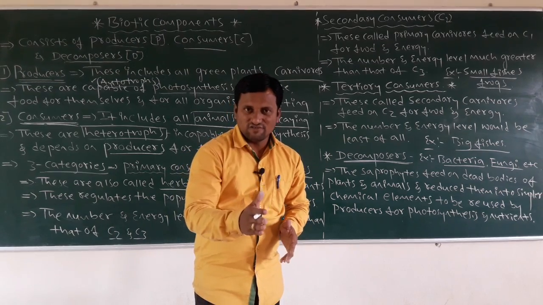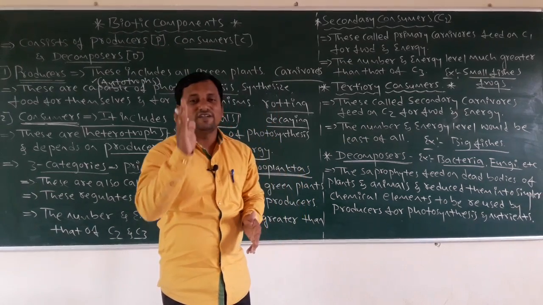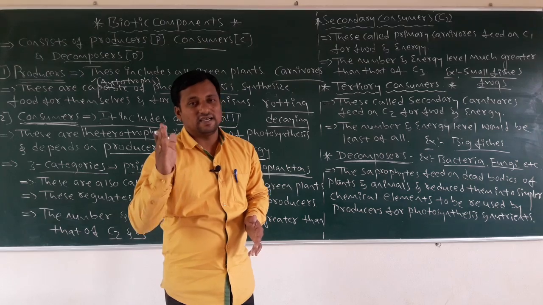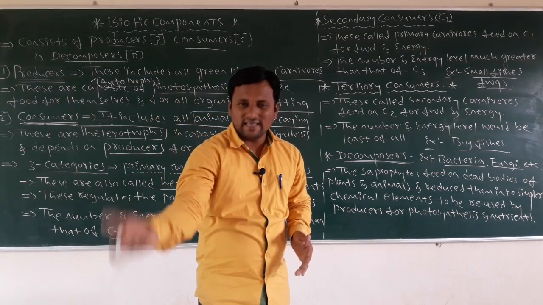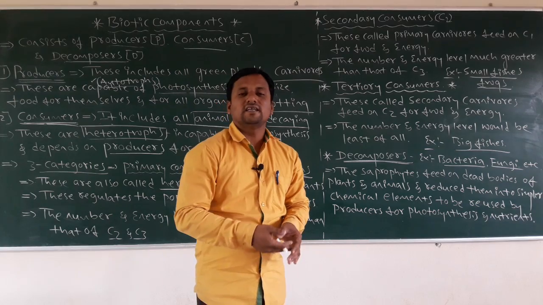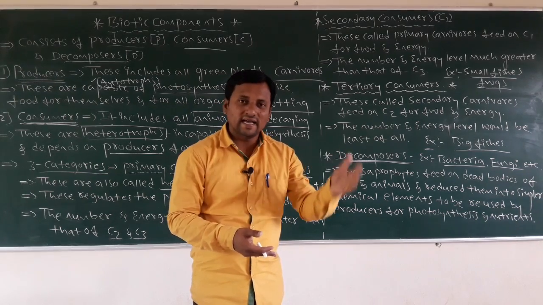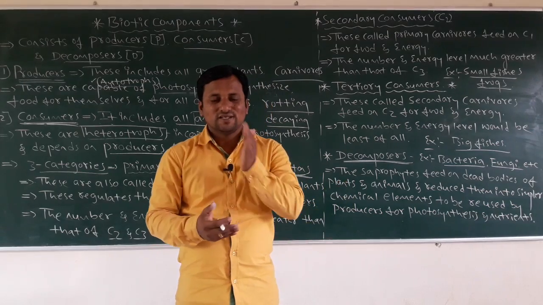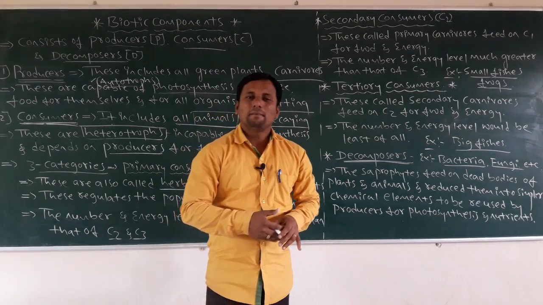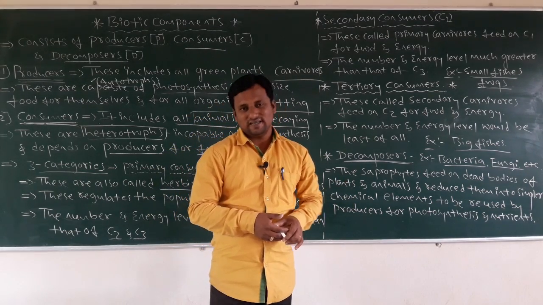The process of decaying of dead organisms, dead plants and animals, and converting them into the simplest inorganic compounds is done by decomposers. What are those decomposers? Those decomposers are nothing but bacteria and fungi.